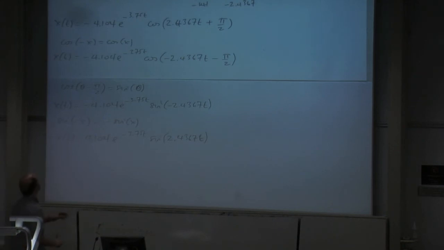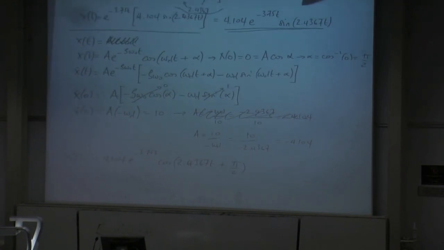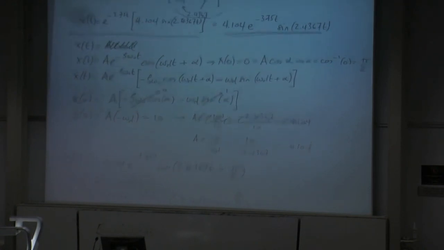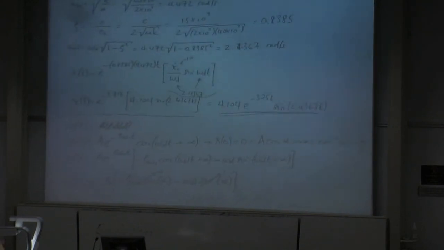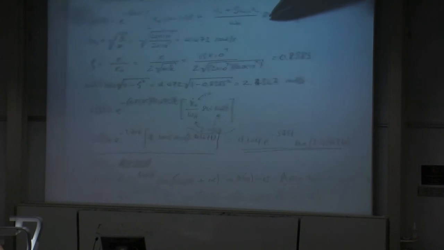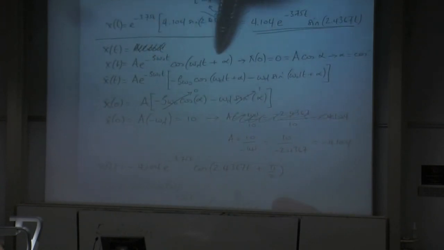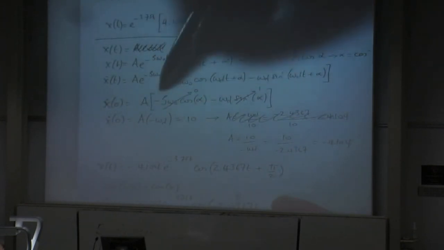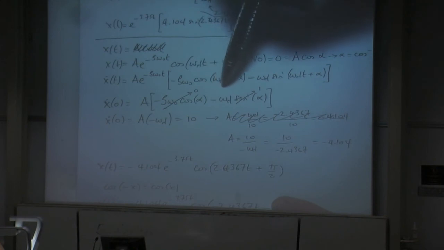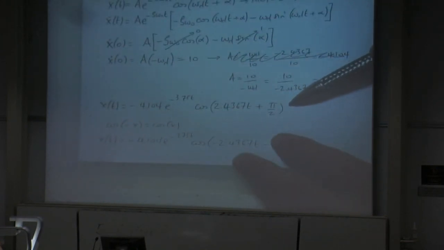So you can see this is the solution we had using the alternative form, this method up here. Using that equation, we ended up with this solution. If we use this method, where we take the first derivative of it and plug in the numbers, we get this solution.